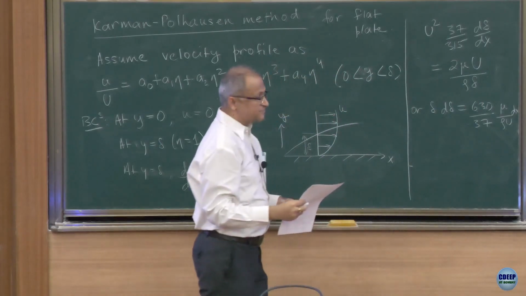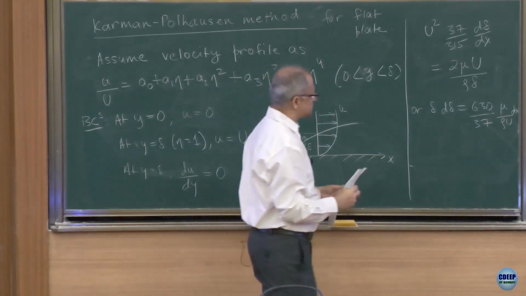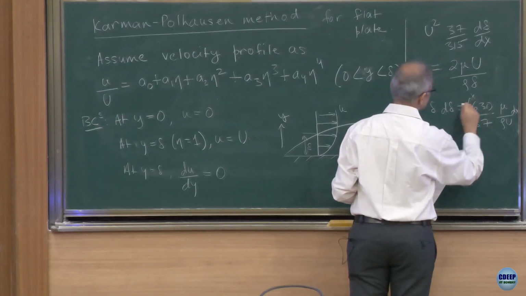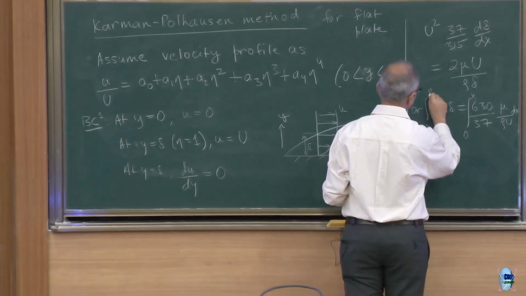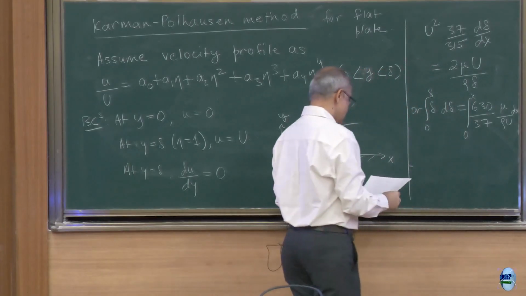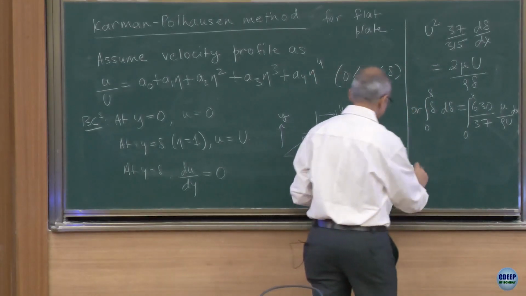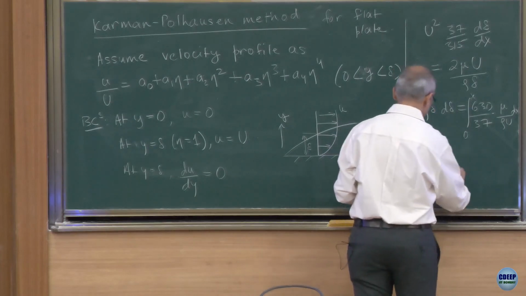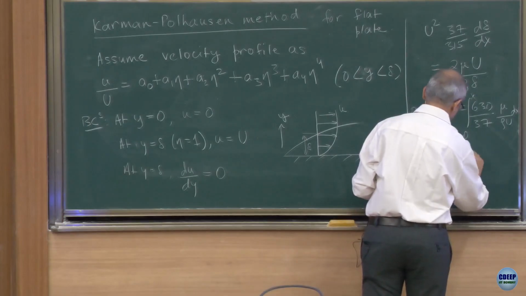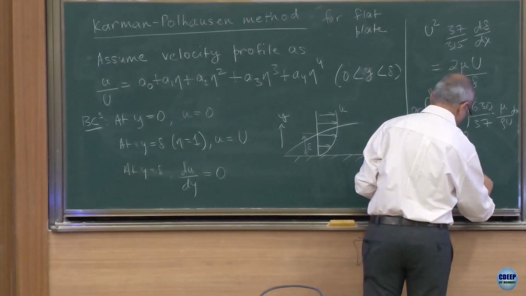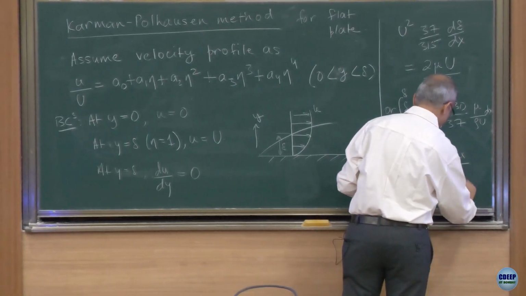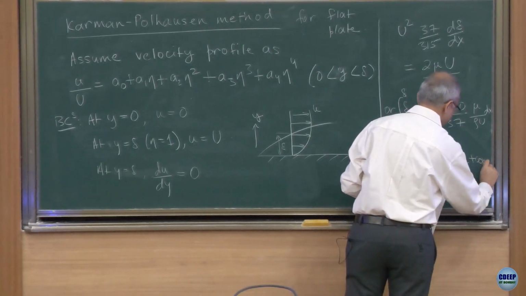Now I can integrate this from 0 to x, and this from 0 to delta. So I get delta square upon 2 is equal to 630 upon 37 times mu x upon rho u plus a constant.